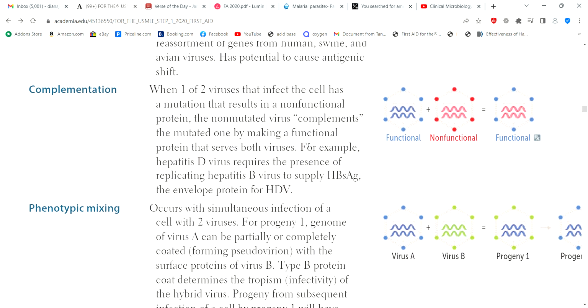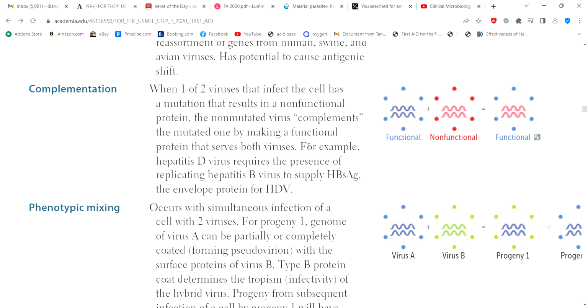Complementation. When one of two viruses that infect the cell has a mutation, it results in a non-functional protein. The non-mutated virus complements the mutated one by making a functional protein that serves both viruses.